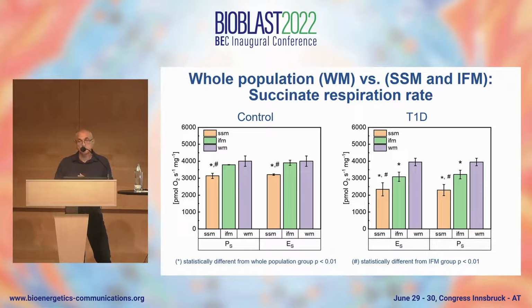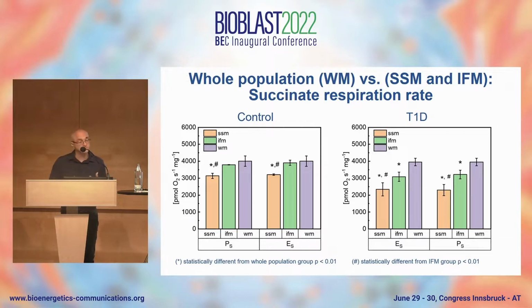In contrast, looking on the right panel with the diabetic rats, we observe something different in comparison to the control. The SSM rates are significantly lower in comparison to the interfibrillar mitochondria, and the interfibrillar mitochondria rates were lower in comparison to the whole mitochondrial rates. This has been observed systematically for both oxidative phosphorylation capacity and electron transport system capacity.